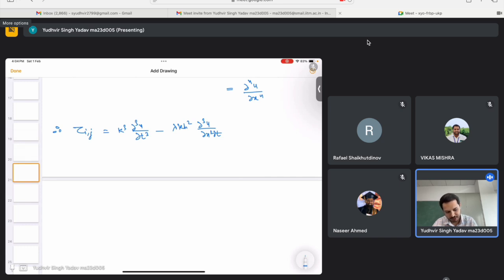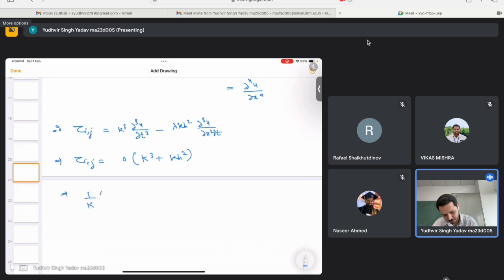So from here, if you see, τij is of order k³ plus k h². So if we take the order of the method, we have τij, it is nothing but k² plus h².